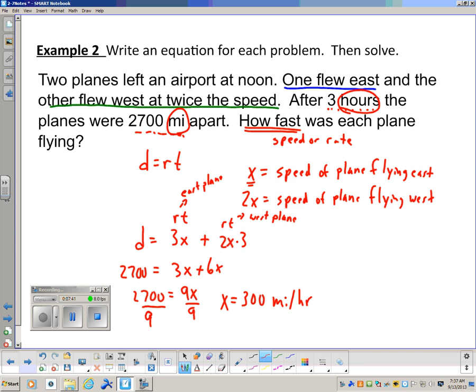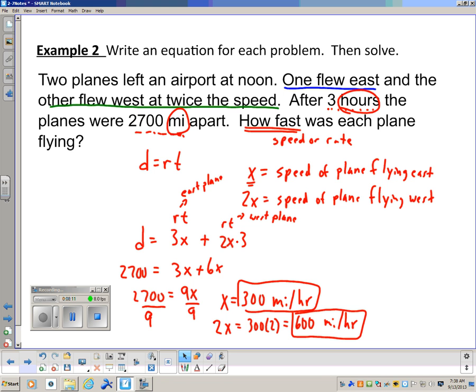And then the other one there, we can go ahead and find the other plane, the 2x is equal to 300 times 2, which gives us 600 miles per hour, because the other one flew twice as fast, so I can take 2 times it. So there we've got the eastern plane speed, and we've got the western plane there. So we answered that question, how fast was each plane flying?